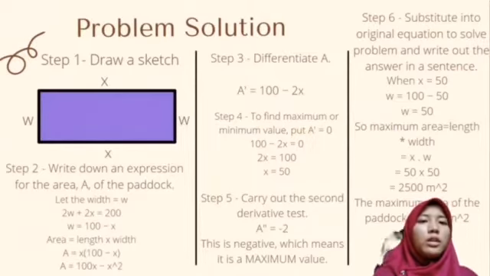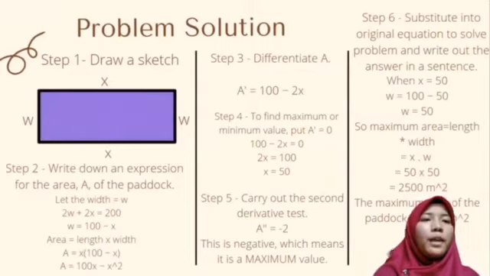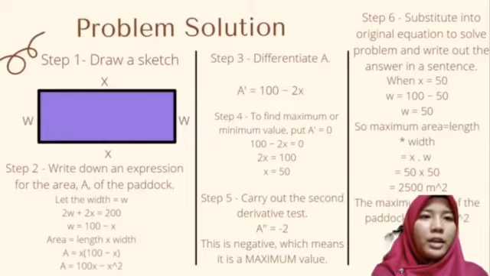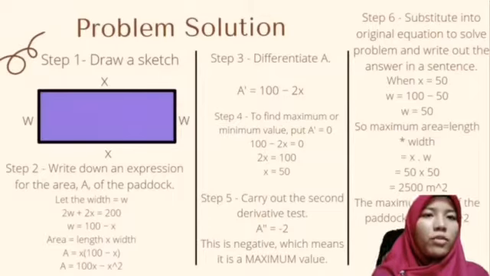We substitute the equation from before into this one, that is A equals X times (100 minus X). We simplify the equation into 100x minus x to the power of 2.